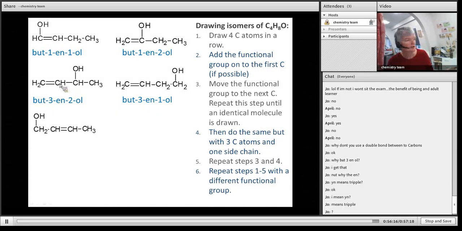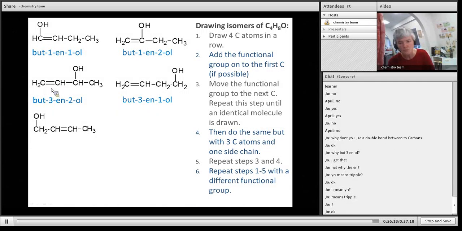We don't go to the last one, we go to the first one. And as I say, for level 3 you don't get triple bonds. So here's one, but-2-ene-1-ol, because now my double bond has moved on, but we have to give this the first number 1 because that's the dominant functional group.